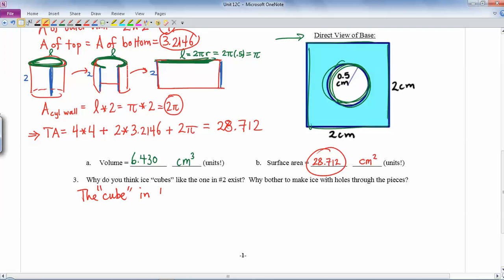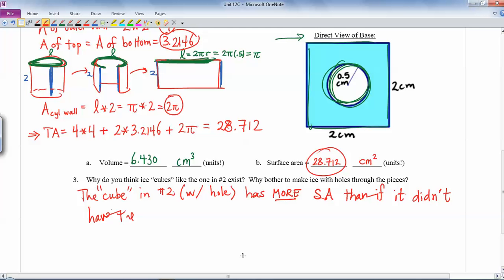The cube in number 2, with the hole in it, has more surface area than if it were solid, than if it didn't have the hole, like in number 1.